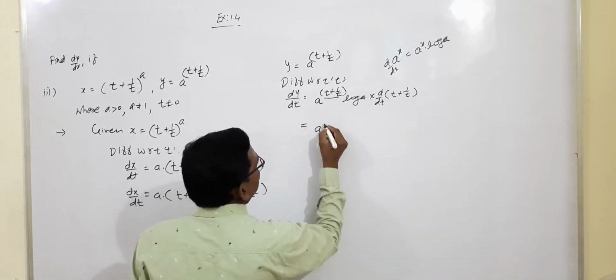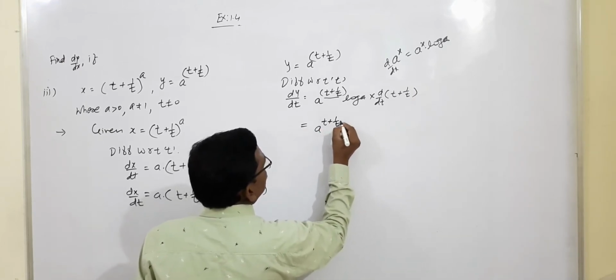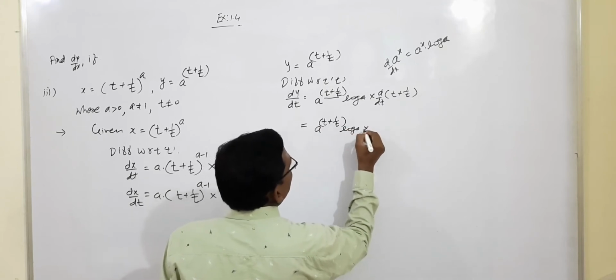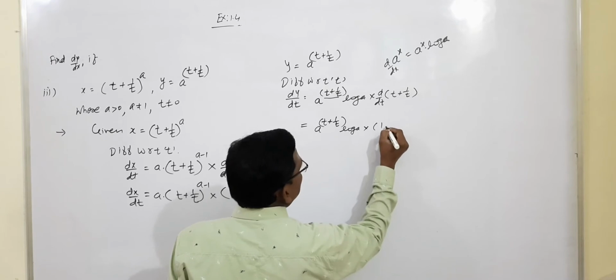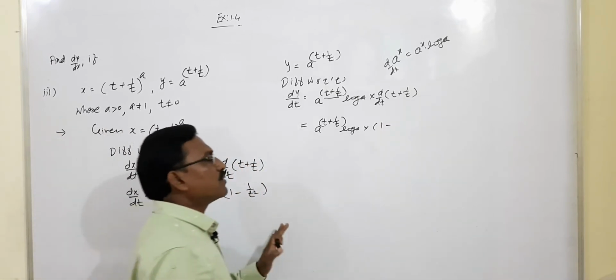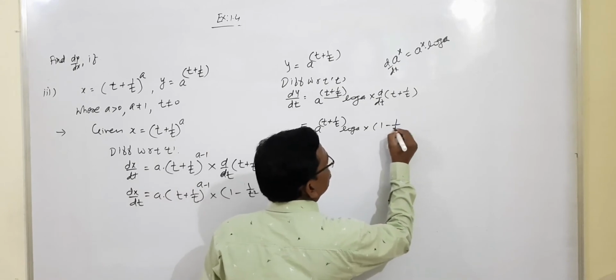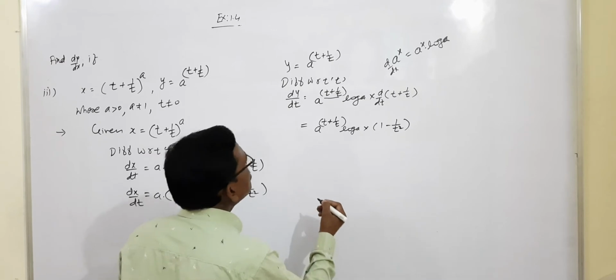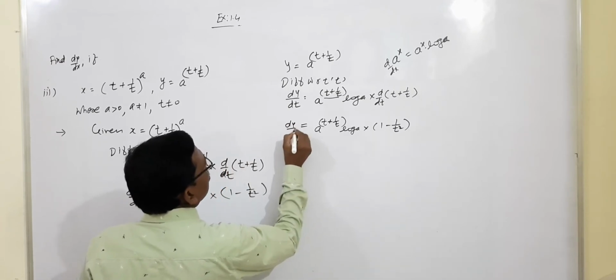This term stays the same, a to the power t plus 1 by t into log a, into the derivative of t with respect to t, which is 1, and the derivative of 1 by t is minus 1 by t square.